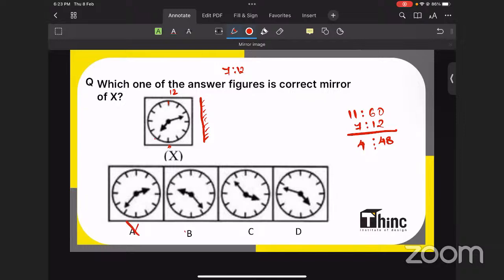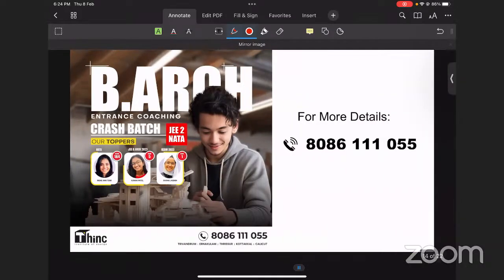Option B is not showing 4:48. Option C is not showing 4:48. But option D is satisfying. It is showing the time 4:48. So simply you can calculate the time and solve this question, or you can simply use the left-right rule, where things at the left move to the right and things at the right move to the left. A few more questions are still there.